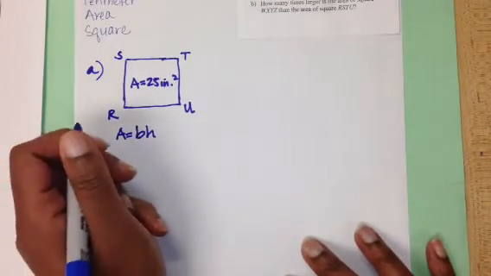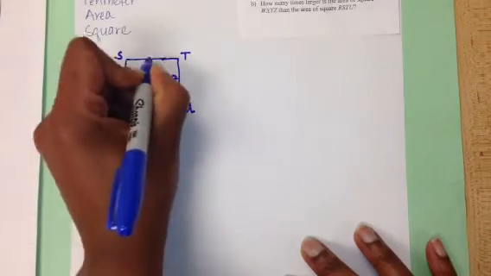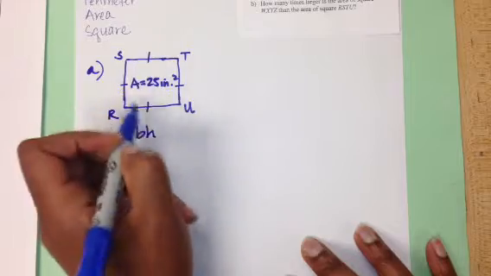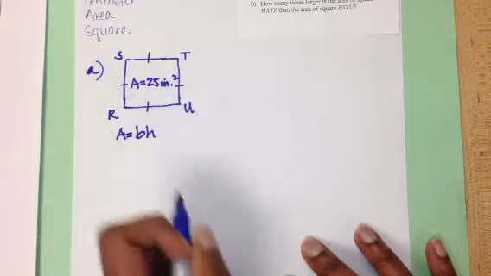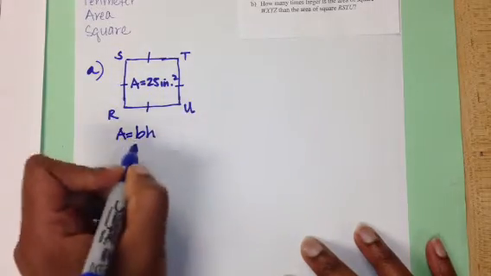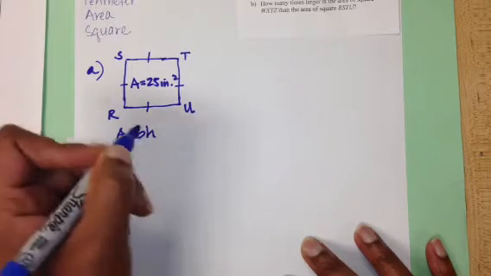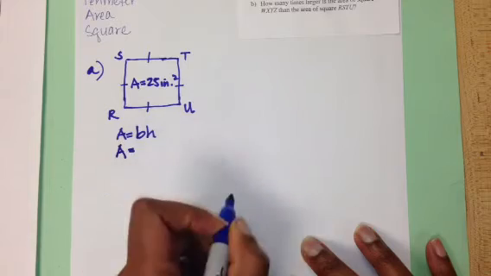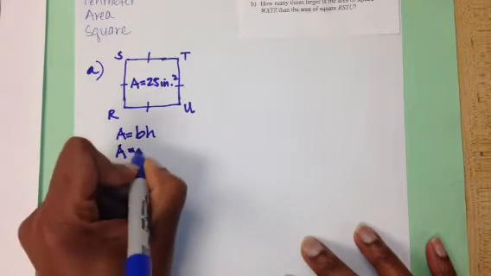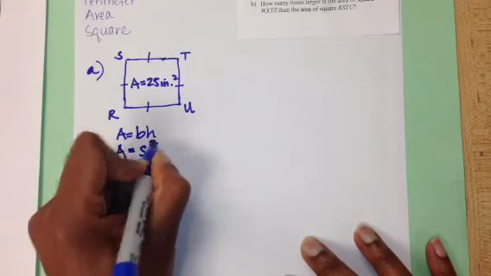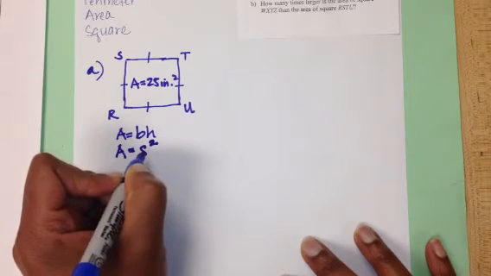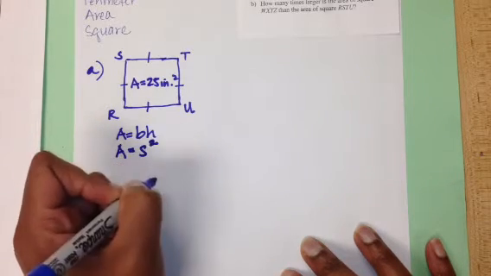In a square, all sides are congruent, so whatever the base is or whatever the height is, it has to be the same measurement. So we can rewrite our formula as A equals S squared. S represents the side, and because the sides are the same, we're squaring it.